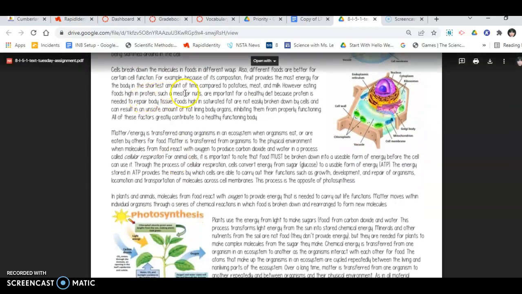Cells break down the molecules in food in different ways. Also, different foods are better for certain cell functions. For example, because of its composition, fruit provides the most energy for the body in the shortest amount of time compared to potatoes, meat, and milk. That's very important as a learning goal for 8th grade science because many students have heard of the carb up before a game, and most of you probably have been taught that carbs are the best source of glucose or sugar, which is for energy.